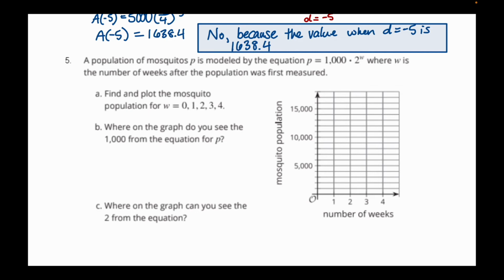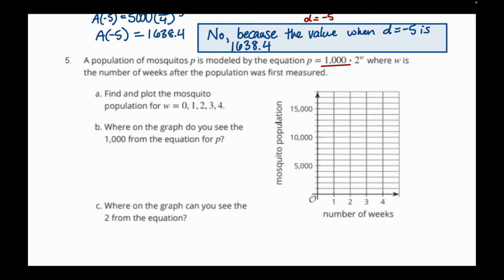So that's part A, is to do that for our graph. When it's 0, I think that one is the easiest one because that is my initial value. It's my vertical intercept. So my population is starting out at 1,000 based on my equation here.